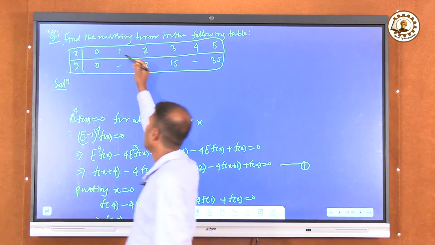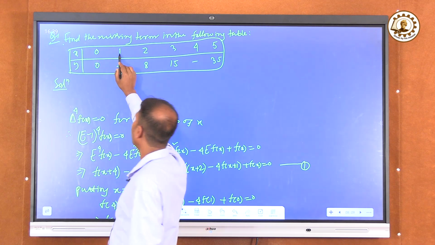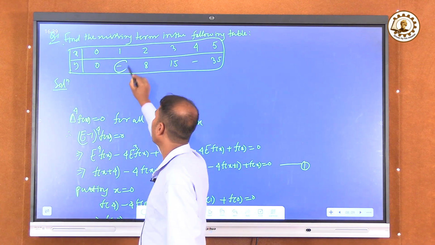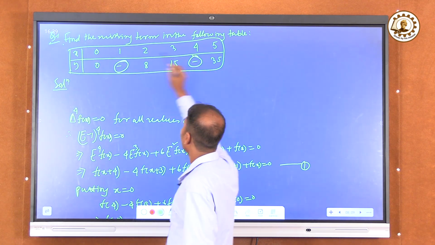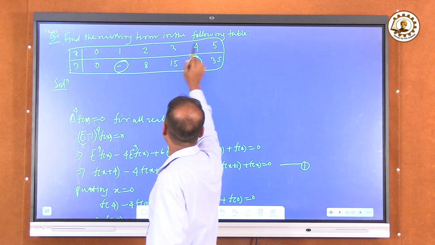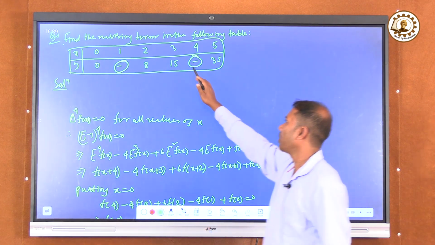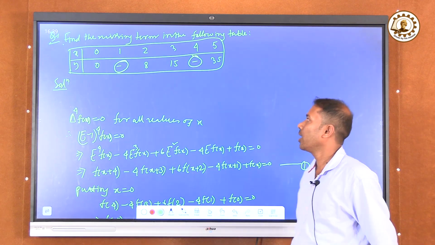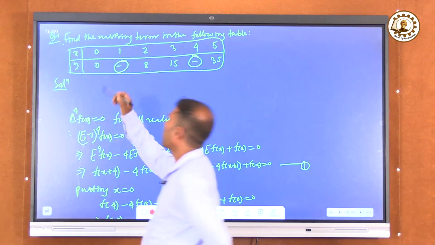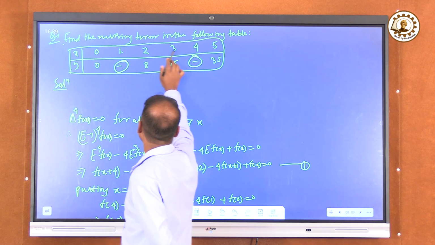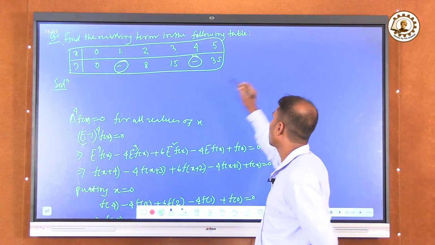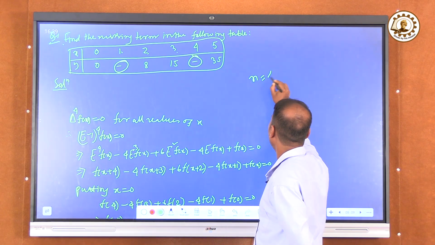Here the missing terms are for the nodes x1 equals 1 and x4 equals 4. How many nodes are there? Actually x0, x1, x2, x3, x4, x5. So n equals 4.